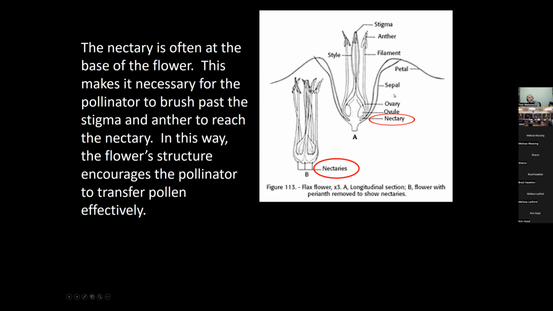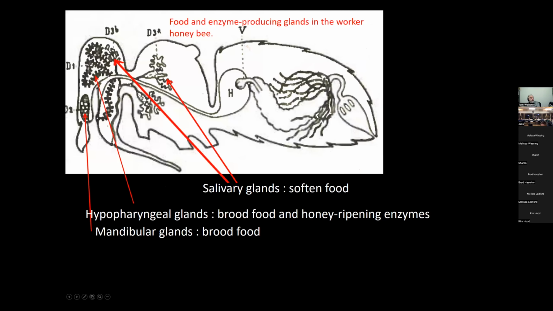The plant is trying to lure a pollinator, a bee or a butterfly, to come all the way down in here and get that nectar, and in doing so, to brush pollen from the anther of one flower onto the stigma of another flower, and thereby achieve pollination. So the flower is very cleverly designed by the plant to encourage pollination when the insect, bee, or whatever it is comes in to get the food. And then enzymes are produced.